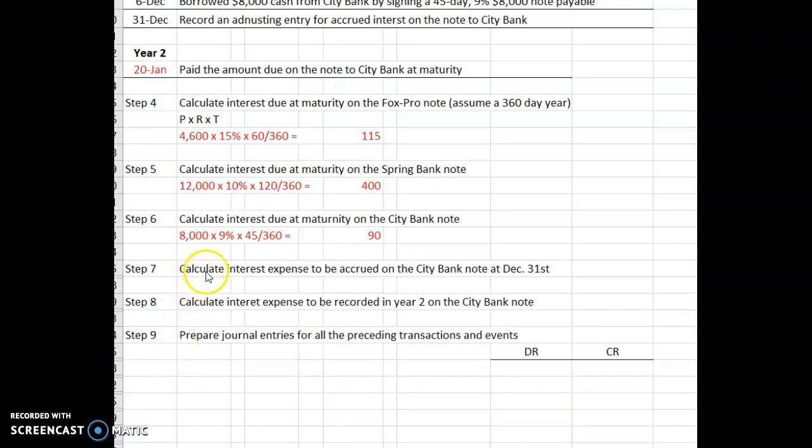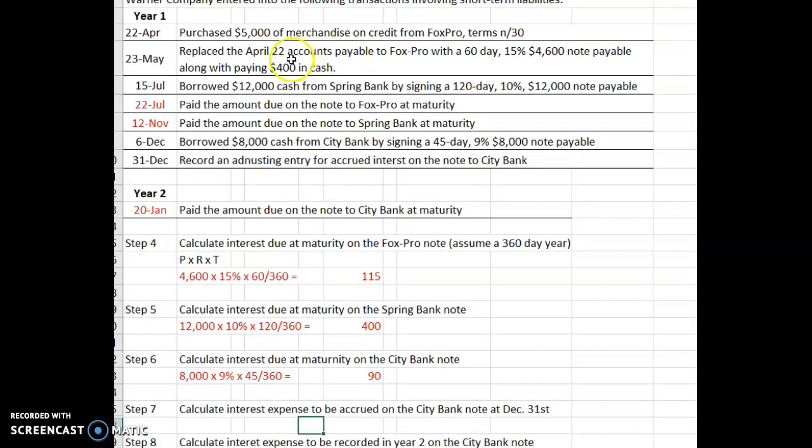The next thing we need to do is calculate the interest that must be accrued on the Citibank note as of December 31st. The other 2 notes had maturity dates within the year. And when we paid the interest, we will record a debit to interest expense.